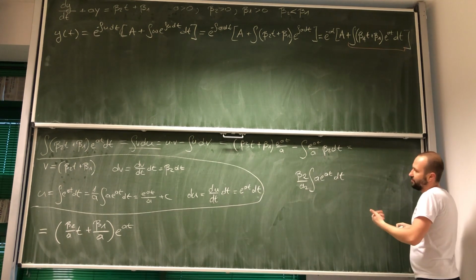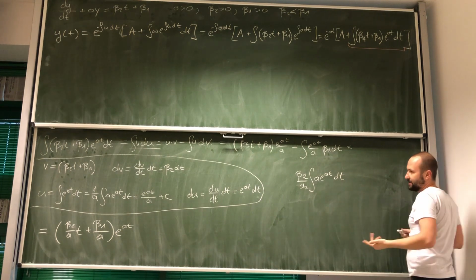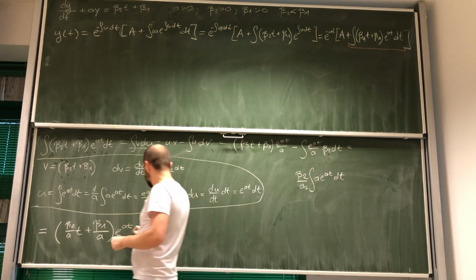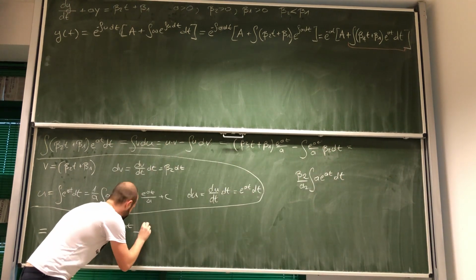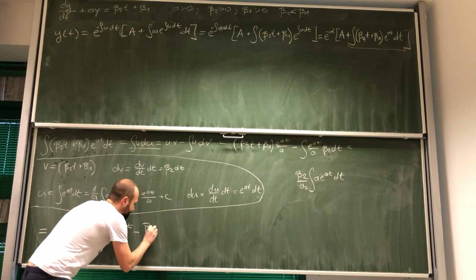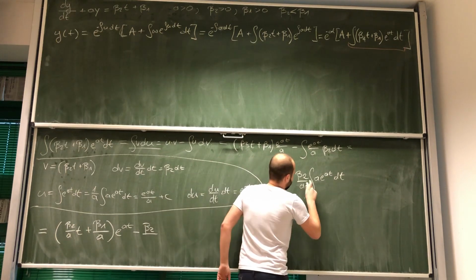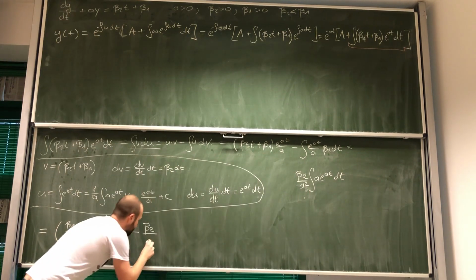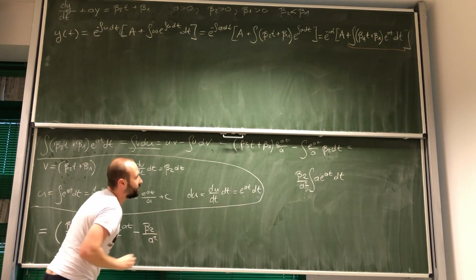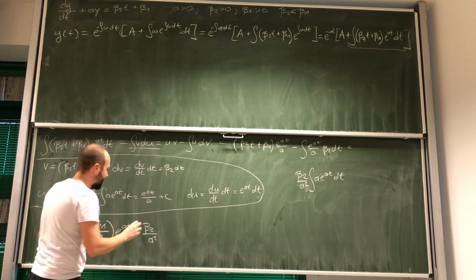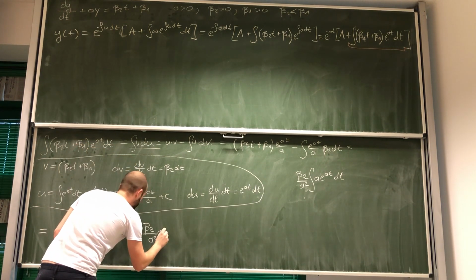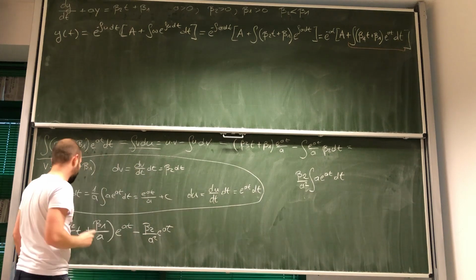And this, of course, is equal to beta 2 over a squared times e to the power at.